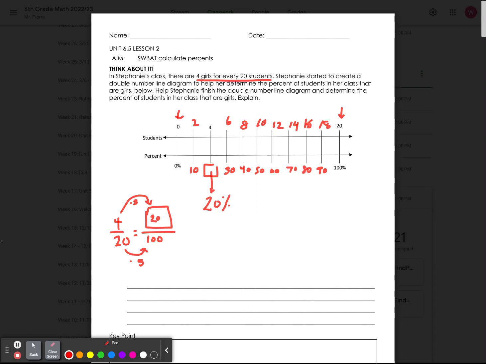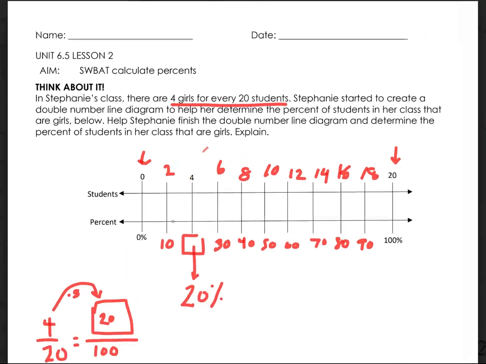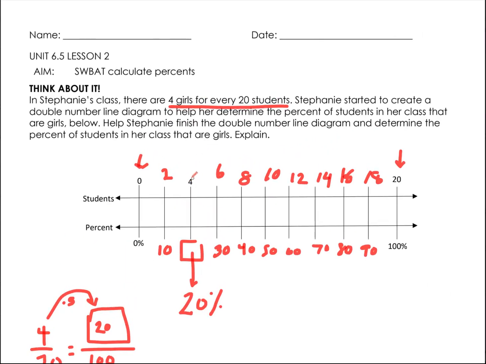So we can see that this part to total is showing us that, hey, for every 2 girls or for every 4 girls, we were able to calculate that that represents 20% of the total. And by adding 2 or half of 4, we add half of the percentage, which would have been 10.